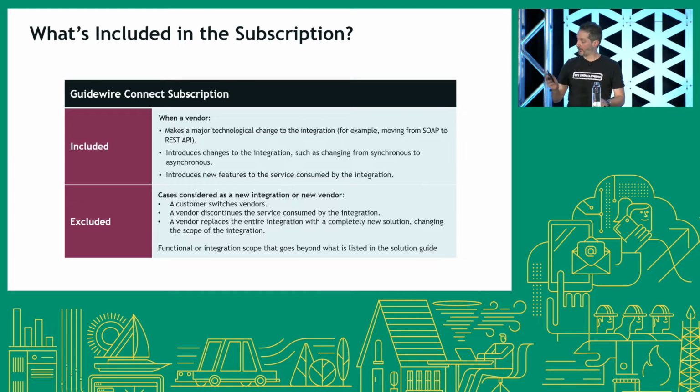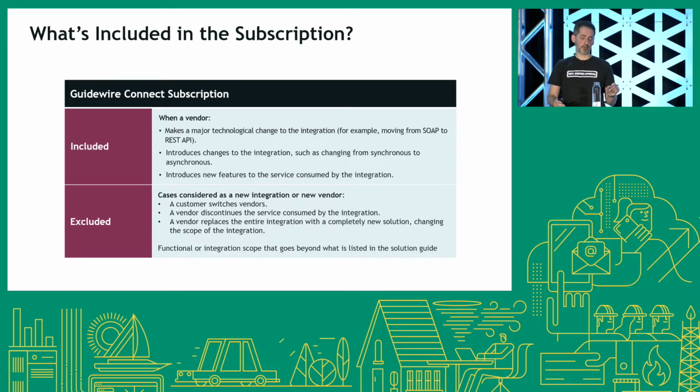And the last point here is if a vendor launches a new offering that has a completely different scope and a completely different name, and it's not an evolution of what that integration was, then it is also excluded from the subscription. Most likely we would refer to a new subscription with the new offering and not just update the existing offering.